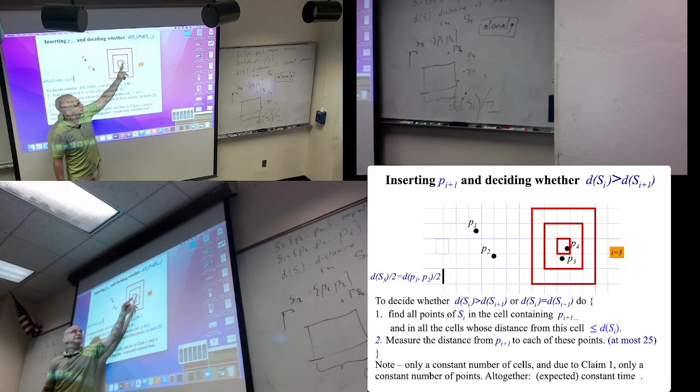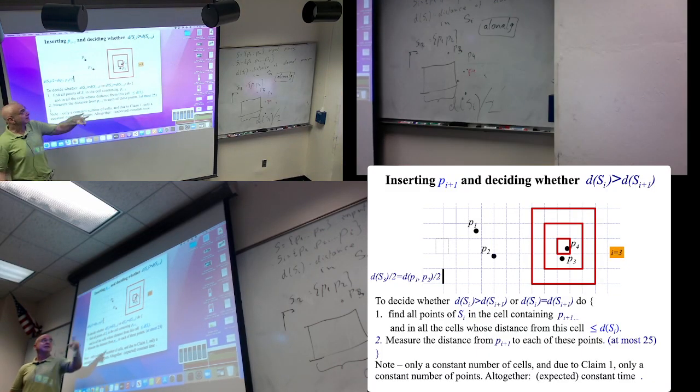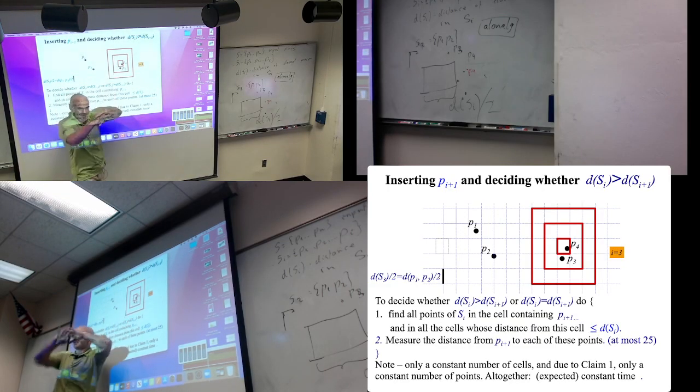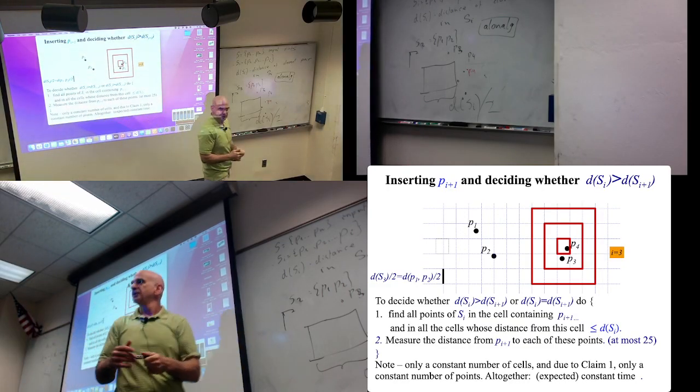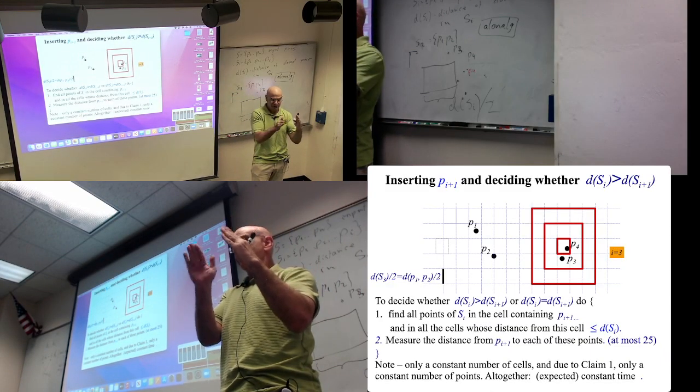And for each point that I do discover, like P4 over here, I check the distance from the newcomer P4 to each one of these points in the closed neighborhood, and ask, hey, d over si, did it go down or did it stay the same?